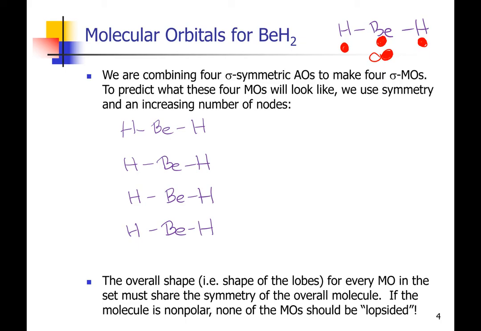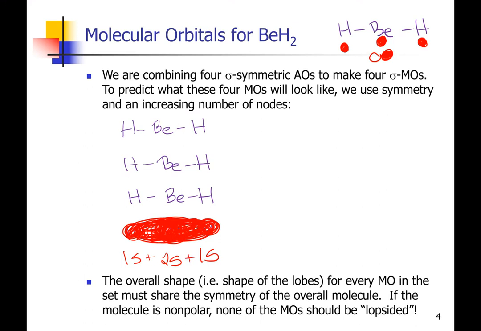that had as few nodes as possible, I would grab the 2s on my beryllium and the 1s on my hydrogen and the 1s on my other hydrogen, and you can see that's a symmetric distribution. Now when those all combine in phase, there's going to be constructive overlap, and so what we're going to wind up getting is something that looks overall like this.